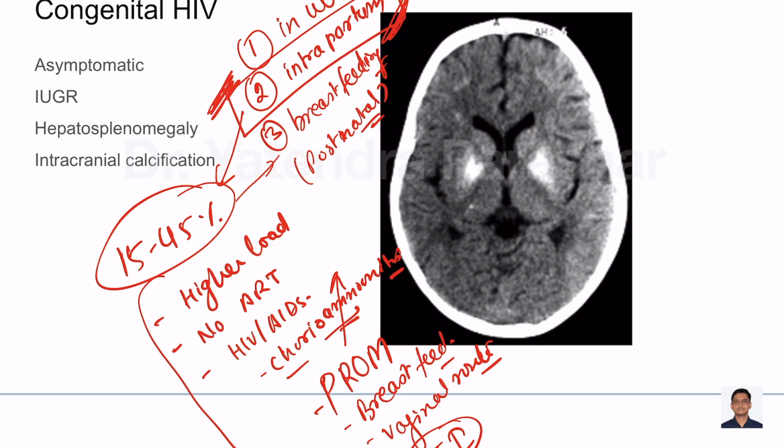Most infants are asymptomatic at birth. They have no symptoms. However, in some cases, failure to thrive may be there, chronic diarrhea may be there, and lymphadenopathy can be seen.